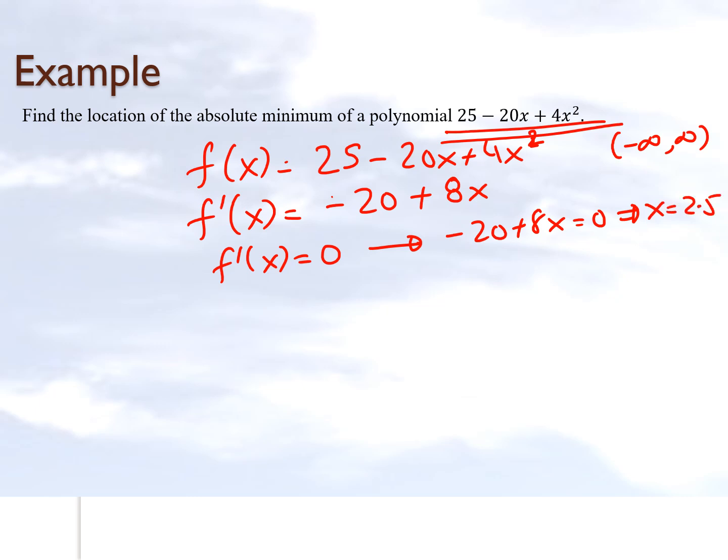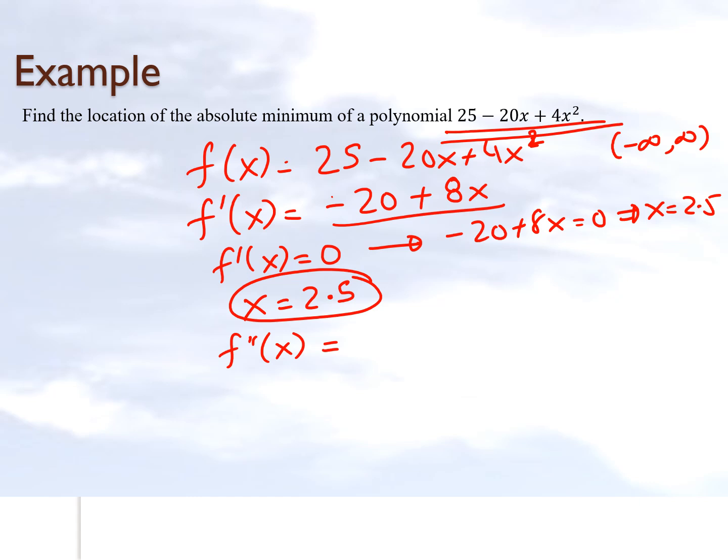So x equal to 2.5 is a critical point, which means that either it's a local minimum, a local maximum, or an inflection point. We don't know yet, so we have to figure out whether it is an absolute minimum. To do that, I take the second derivative of the function f, which is the derivative of the f prime value, which will be 8.